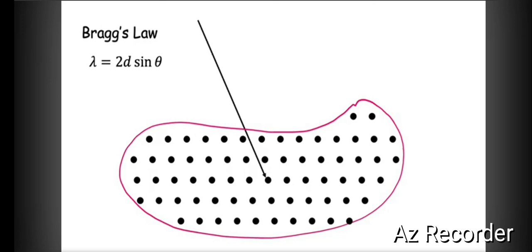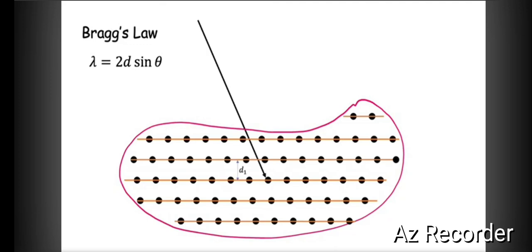There are many possible planes which exist in a given crystal. So one particular set of plane I have now shown. For this plane, the spacing d is equal to d1 as shown here, and the angle of incidence of the beam with the plane is theta 1.